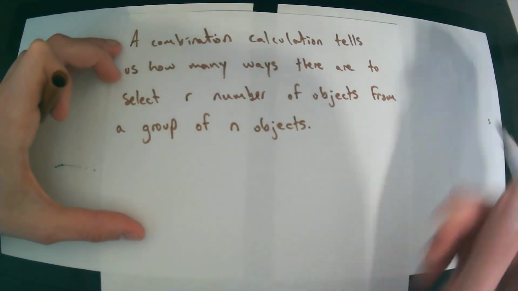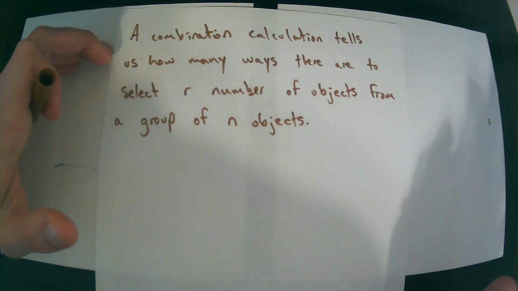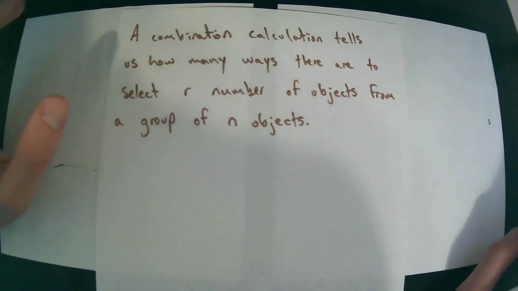So maybe we want to select 2 things out of 5. Then that calculation would be a combination calculation, which I haven't even written down the formula yet.